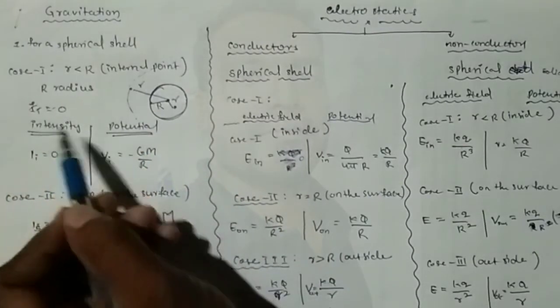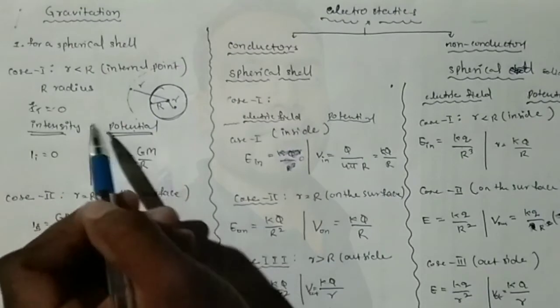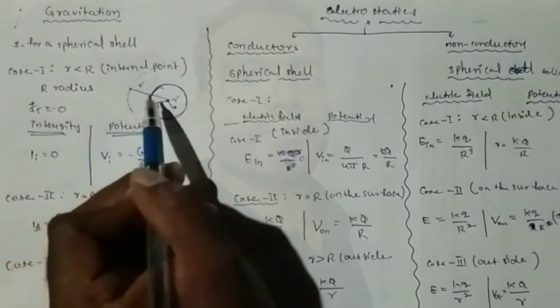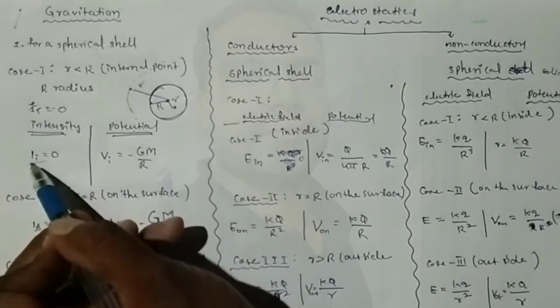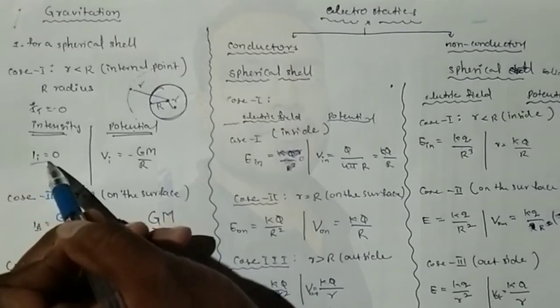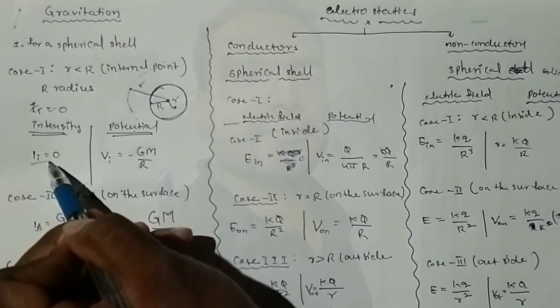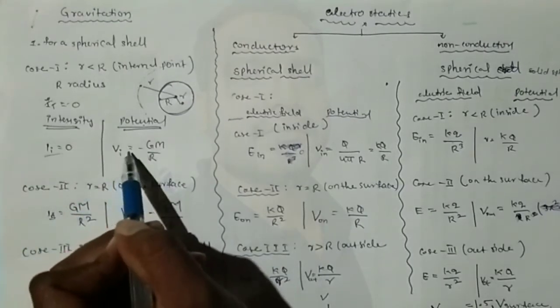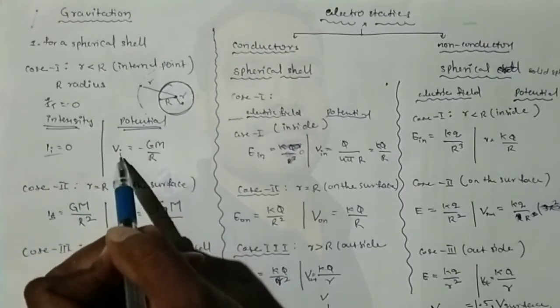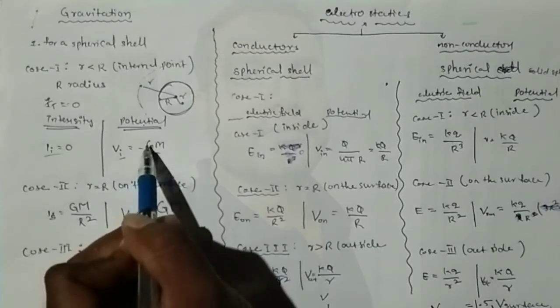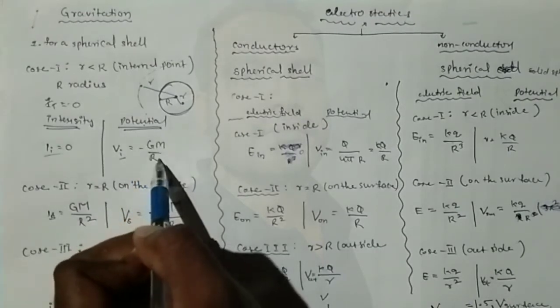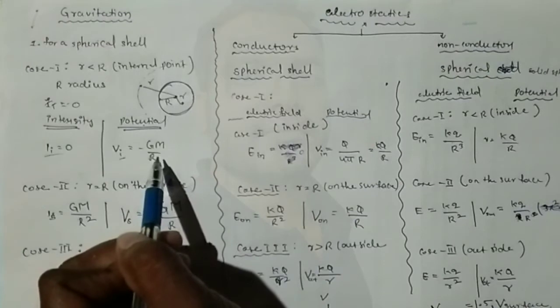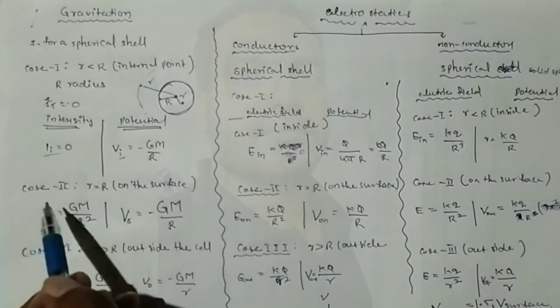Here intensity and potential. Intensity of the spherical shell is equal to 0. In the same way, potential V inside is equal to minus G m by R, right? I'm going to the second case.